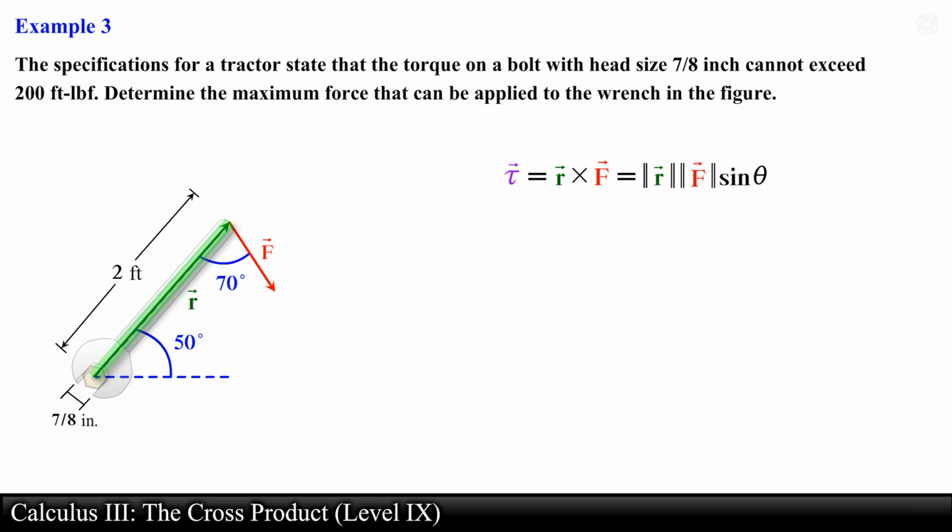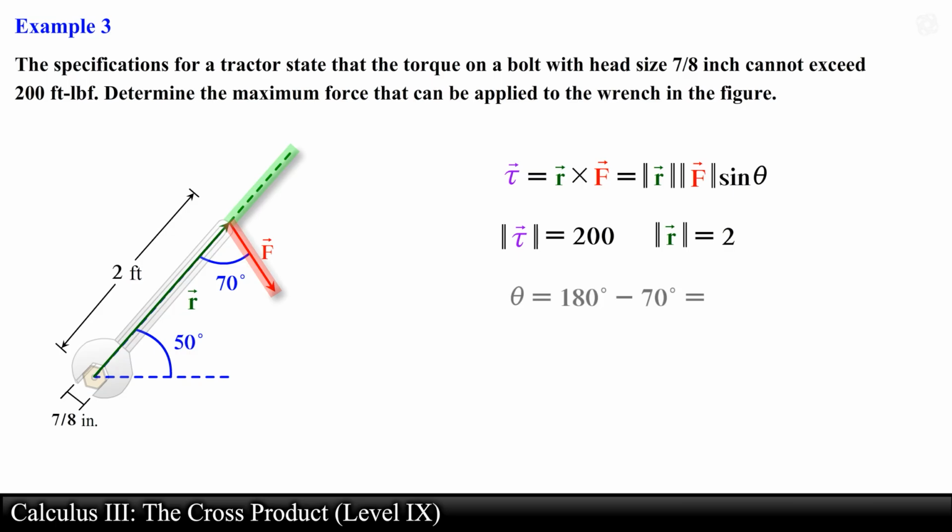Alright, notice that we are given the magnitude of the position vector and the magnitude of the torque. We are also given two separate angles. Notice that the 50-degree angle is irrelevant to the calculation of torque, since we are interested in the angle formed between the position and force vectors.